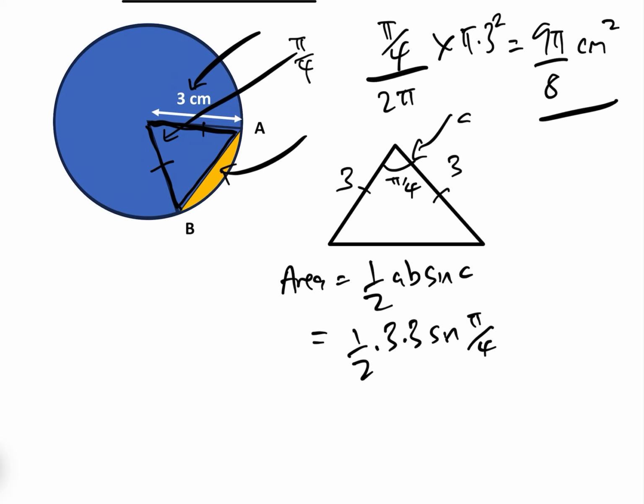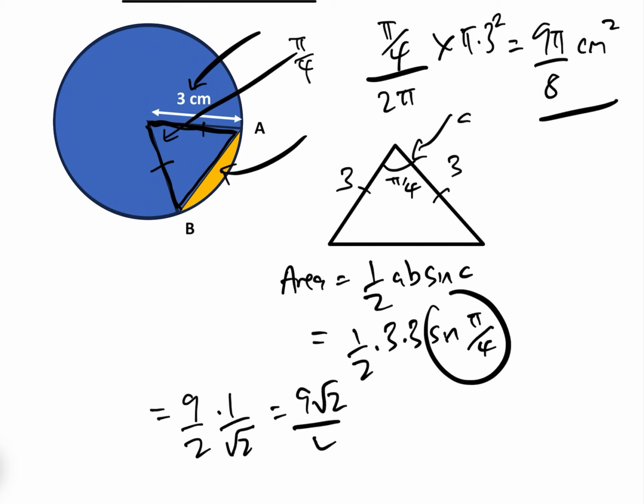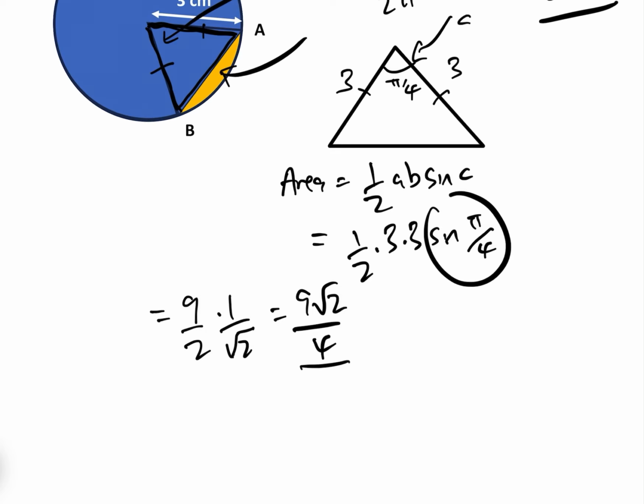Now sine of pi over 4 is 1 over root 2. This is one of the very well-known sine values that you really have to know. So the area is 9 over 2 times 1 over root 2, which equals 9 root 2 over 4, multiplying top and bottom by root 2. Okay, so the area of the triangle is 9 root 2 over 4.